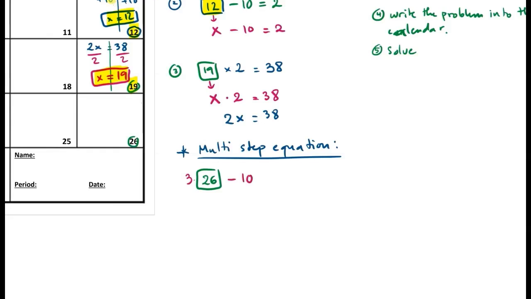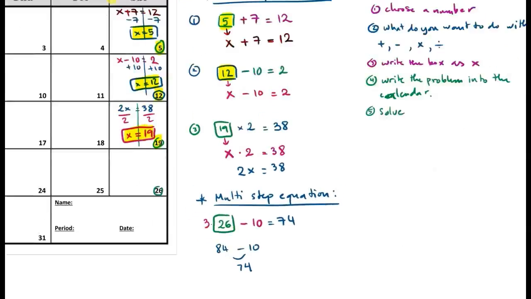So I just do two things with 26, multiply with 3, and then subtract 10. So 3 times 26: 3 times 6 is 18, 3 times 2 is 6, plus 2 is 78... sorry, 78. Then we minus 10. That will give us 68. So that will be equal to 68.